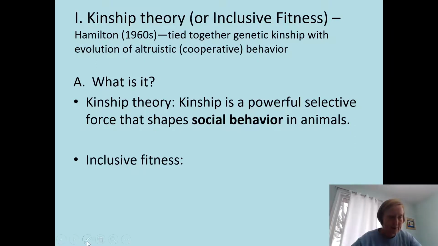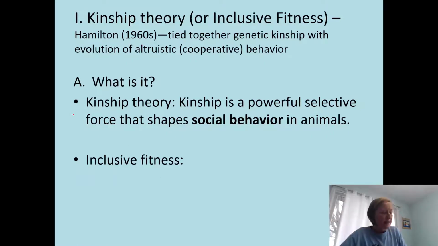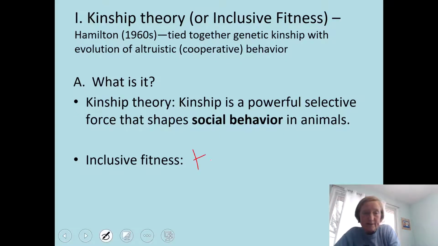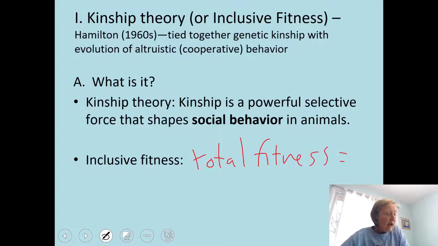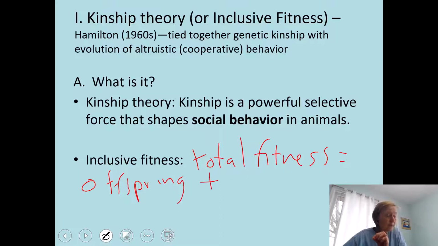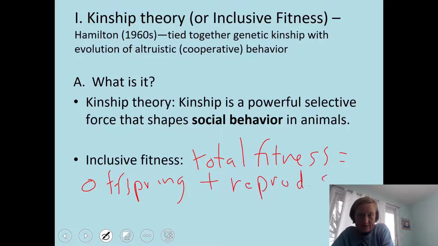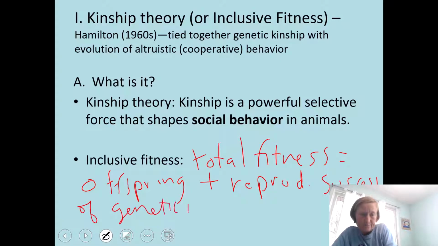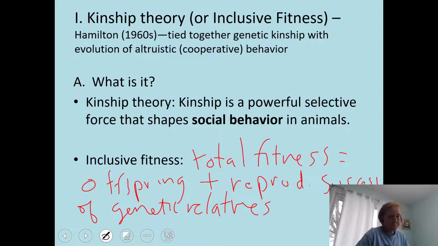So, we have to write that down. In inclusive fitness, we could say it's a measure of an individual's total fitness that includes the number of offspring it produces, plus the reproductive success of its genetic relatives. Okay?